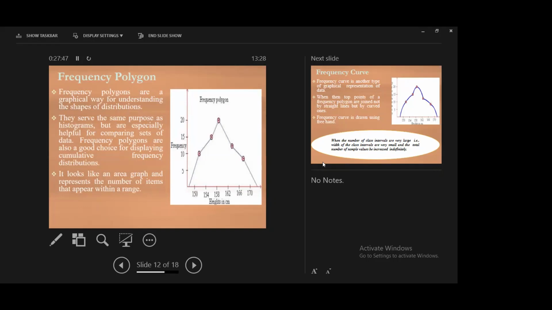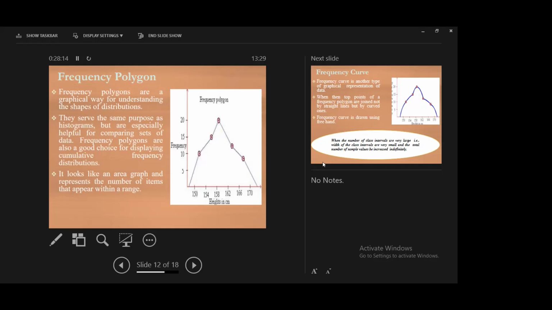Here, instead of class intervals, we use the midpoints of the class intervals, enter the frequency, and join the points using straight lines. If you change that straight line into a curve, then the frequency polygon becomes a curve. It's called a frequency curve, when you join those points by a freehand curve.